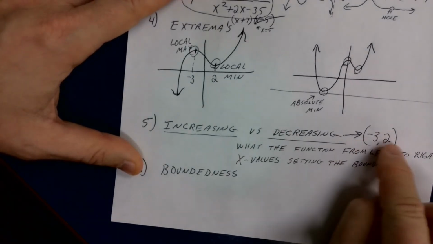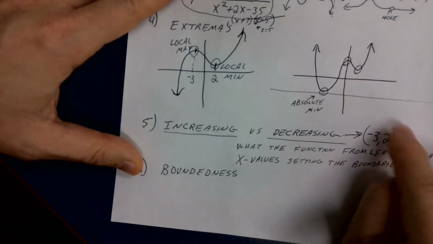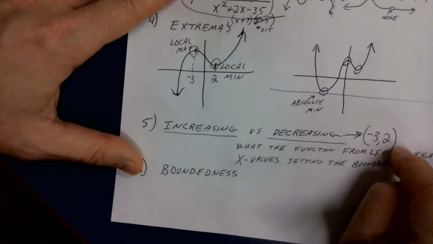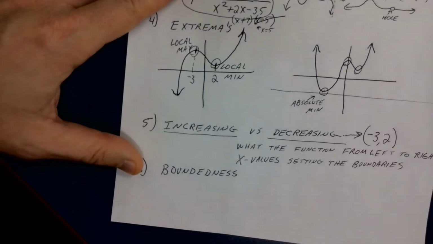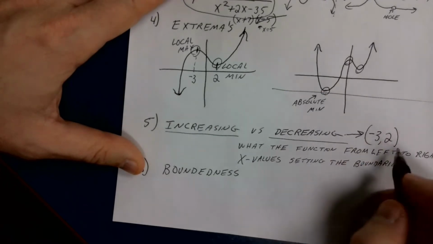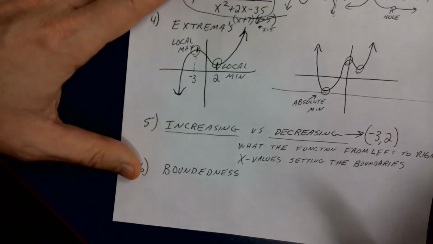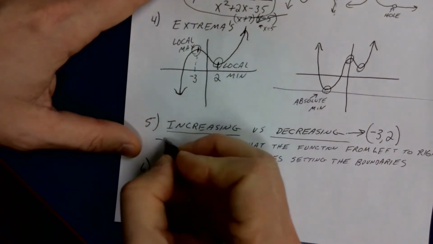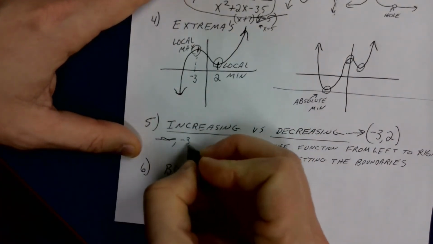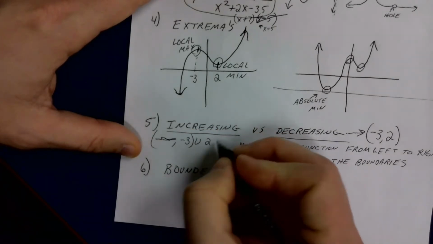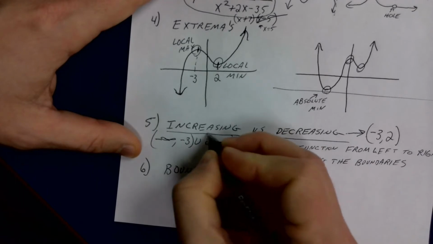And I don't honestly care if you want to put brackets or parentheses at this point, whether or not you're going to include that point or not include that point, because it technically is not increasing or decreasing at that point. So I'm going to use open parentheses, but if you want to use brackets, I don't really care. Okay, so where is it increasing? It's increasing from negative infinity to -3, and it's also increasing from 2 to infinity.